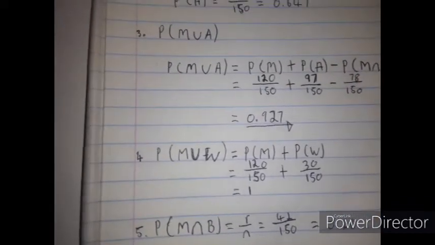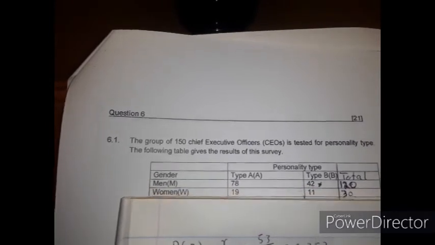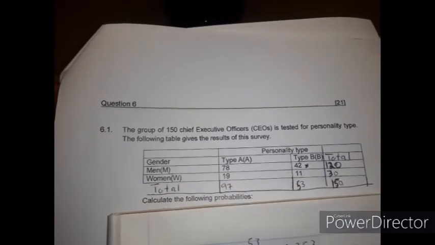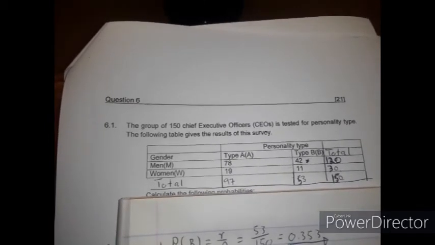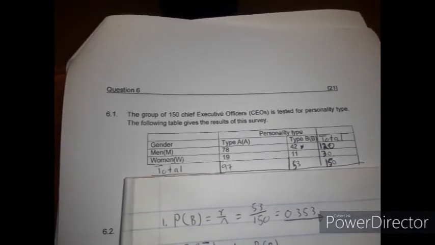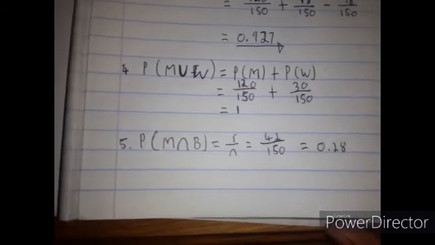We want the probability of men that have the type B personality out of all the people there, which is out of all the chief executive officers. We want the men with the type B personality. So they are 42 out of 150. So their probability is 0.28.